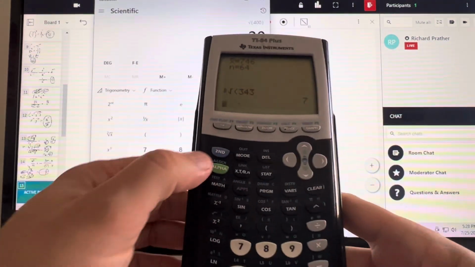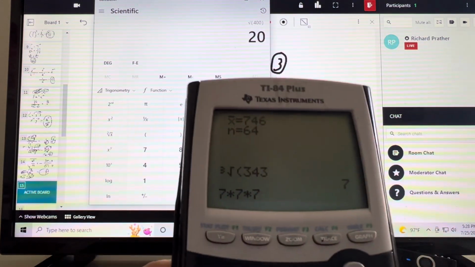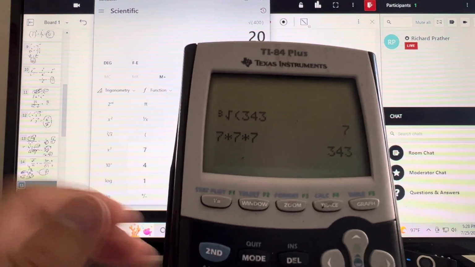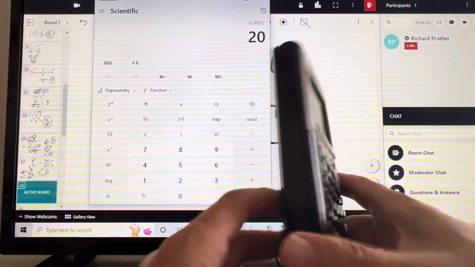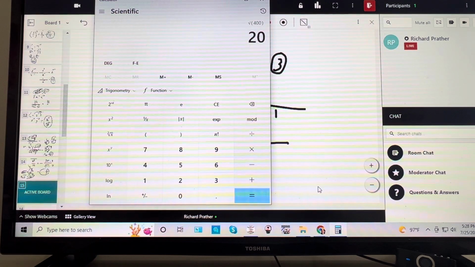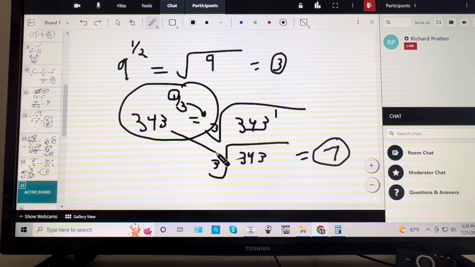The cube root of 343 is 7, because literally 7 times 7 times 7 is 343. So that's what a cube root means, is what number times itself 3 times makes that happen. Square root is what times itself twice makes that happen. But it's good to know that you should change this to a cube root first.